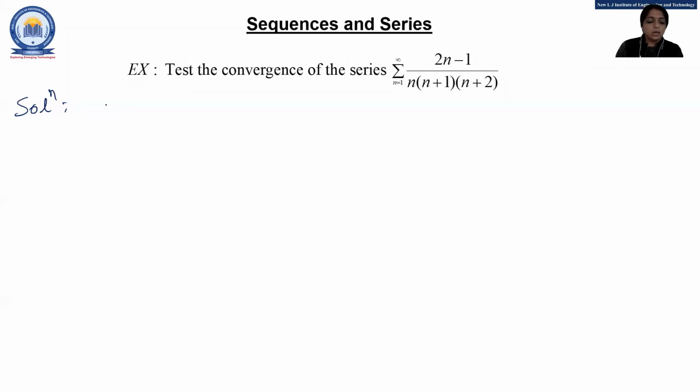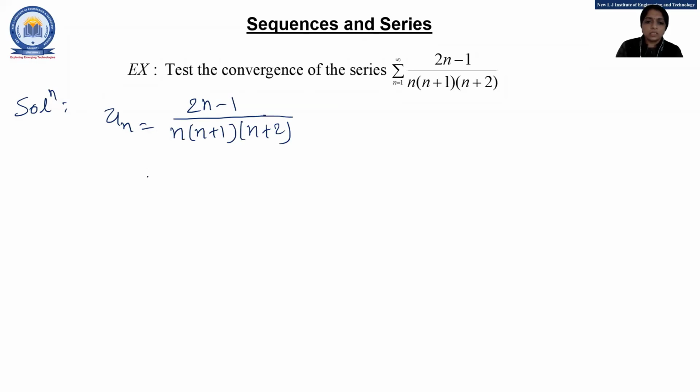Here, our given nth term, this is our generalized form of the series. So un is the nth term of the series, that is (2n minus 1) upon (n plus 1)(n plus 2).